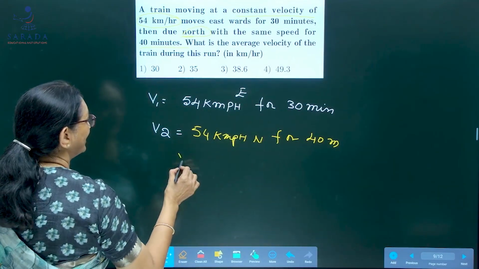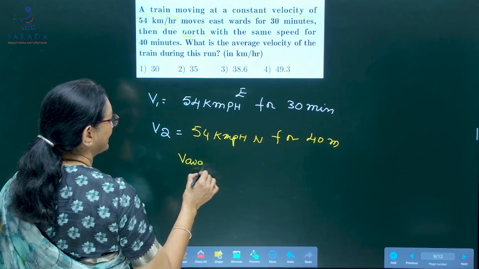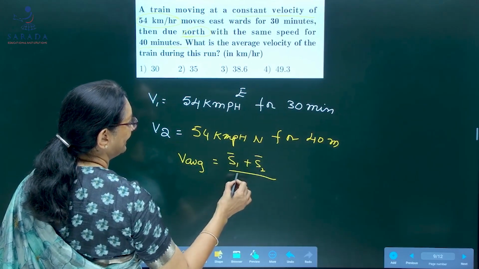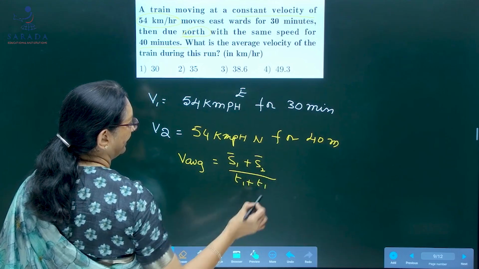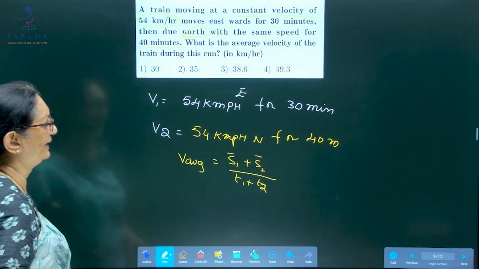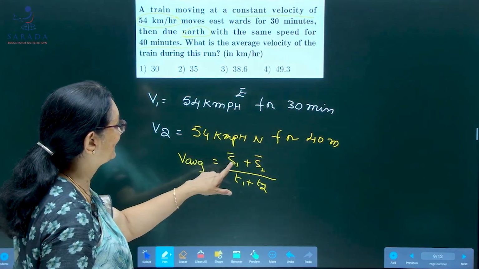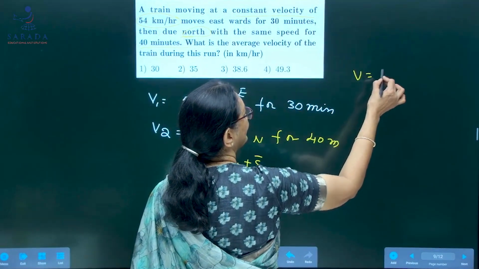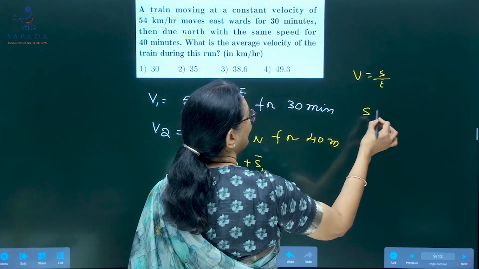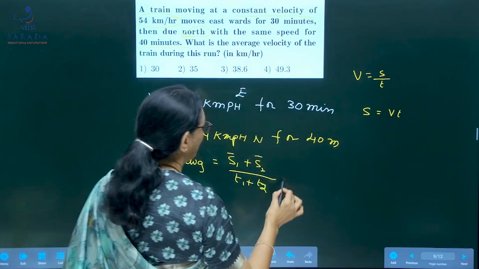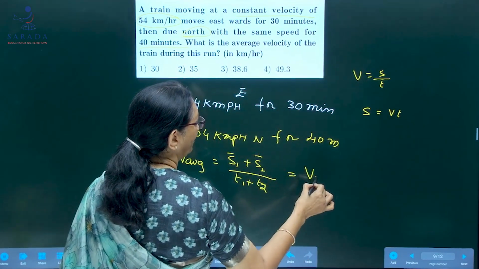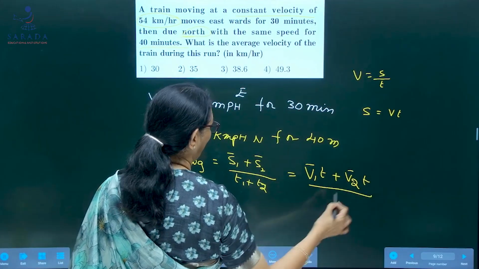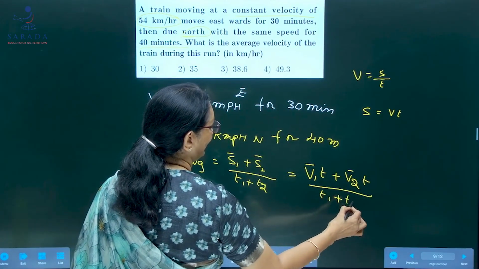So, the average velocity formula is total displacement by total time. Very obviously, time is given, but displacements are not given. From the equation V is equal to S by T, S is equal to V into T. So the formula becomes (V1T1 plus V2T2) by (T1 plus T2).